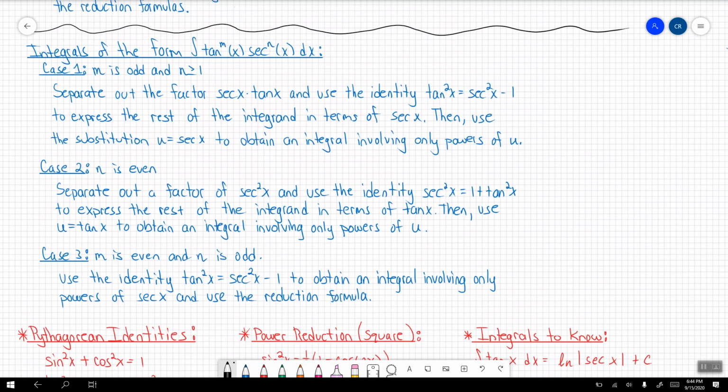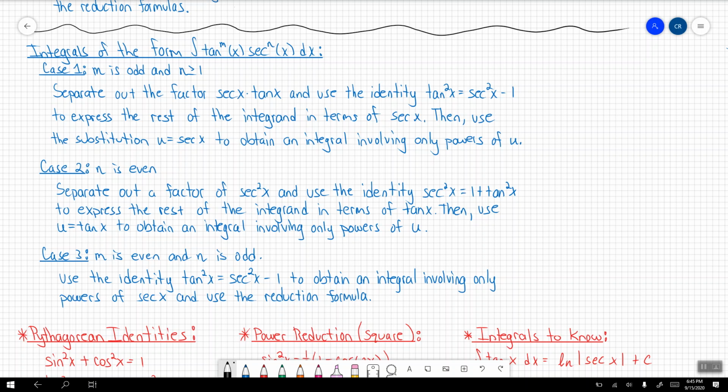Okay, so then we just start cross-checking which case this would satisfy. Again, the integral that we're looking at is tan to the 5th x multiplied by secant cubed x dx. Well, the power on secant is not even, so that's not case 2.